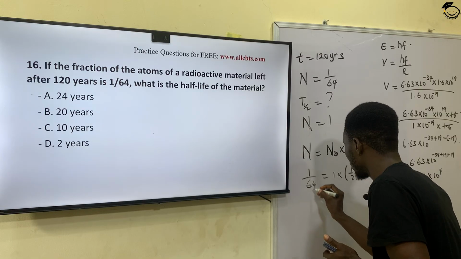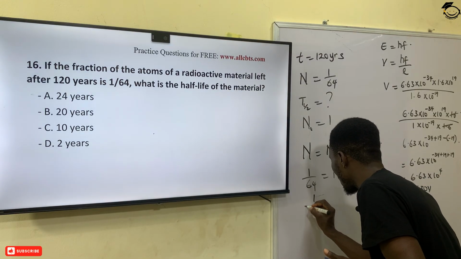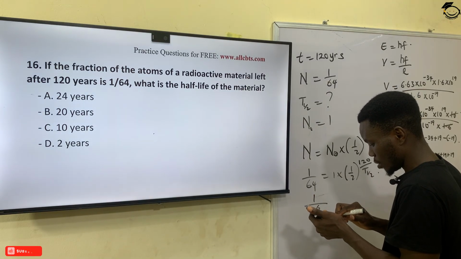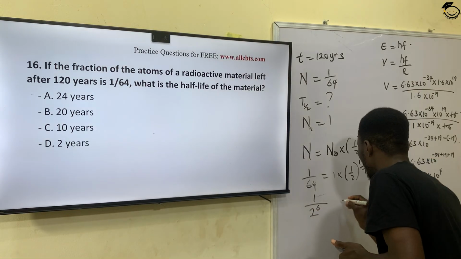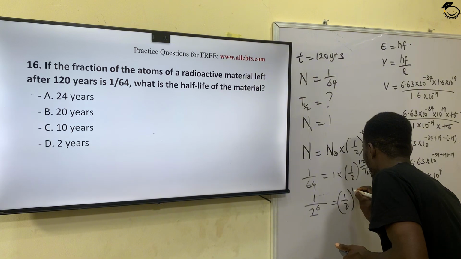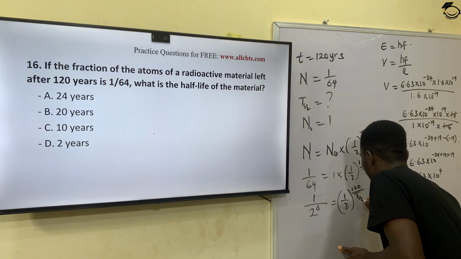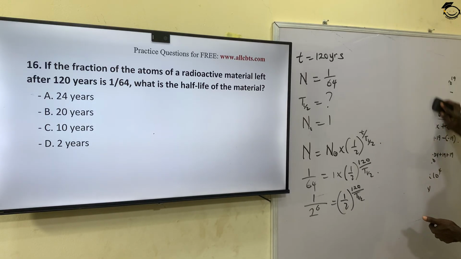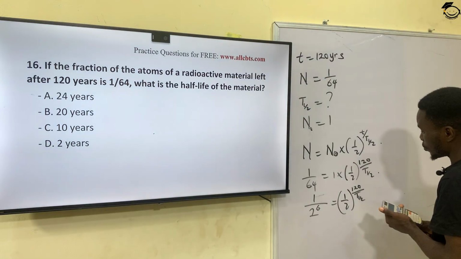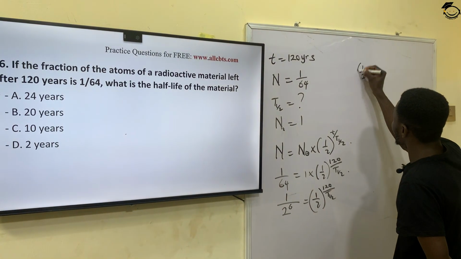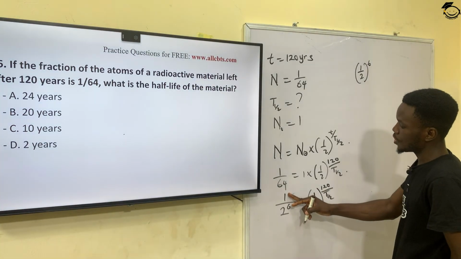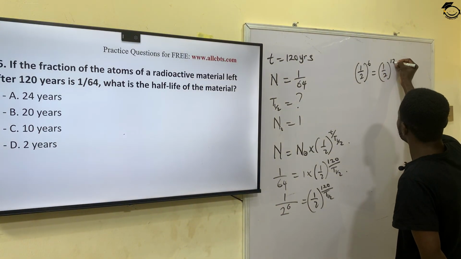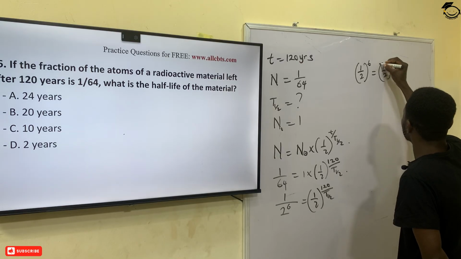So 64 here is 2 raised to power 6. So I have 1 over 2 raised to power 6, because 1 raised to power 6 is still 1, is equal to 1 over 2 raised to power 120 over t half. So the bases will cancel out themselves.